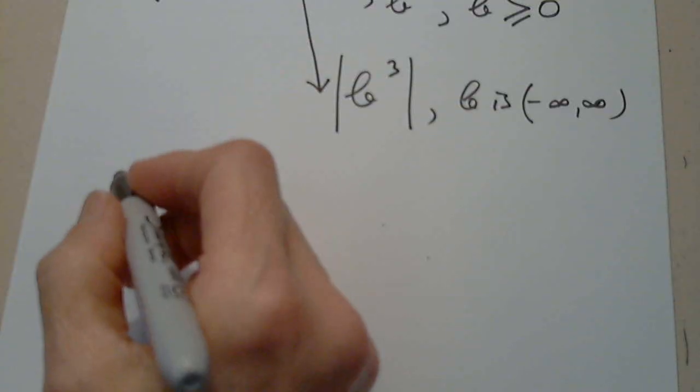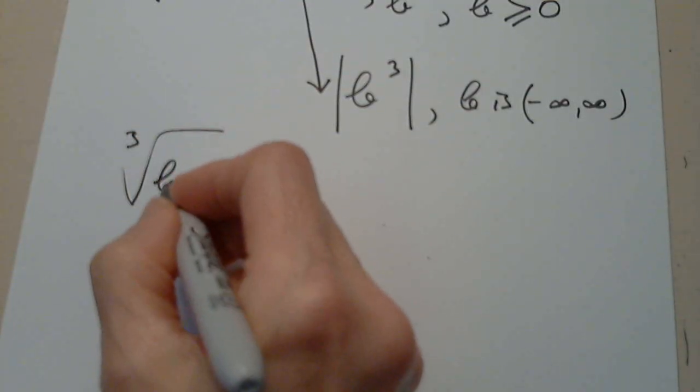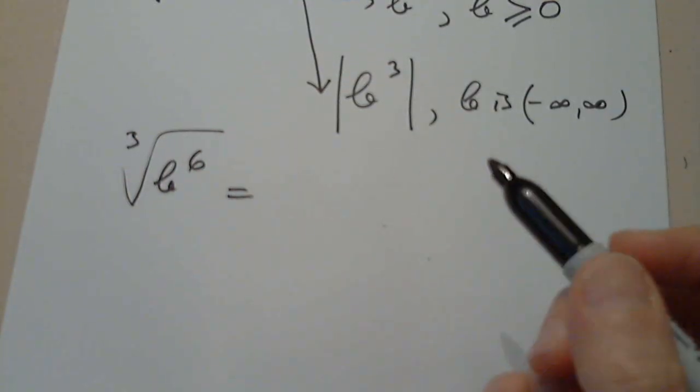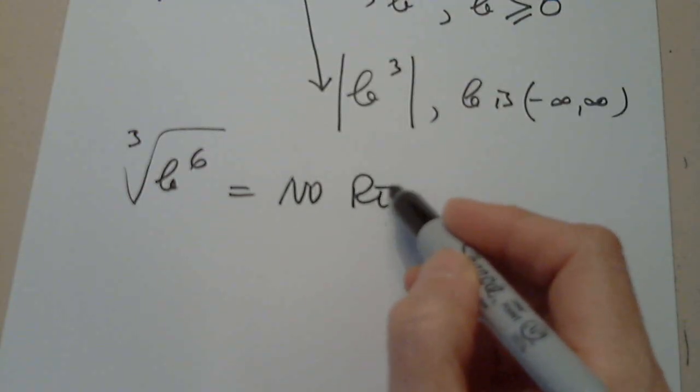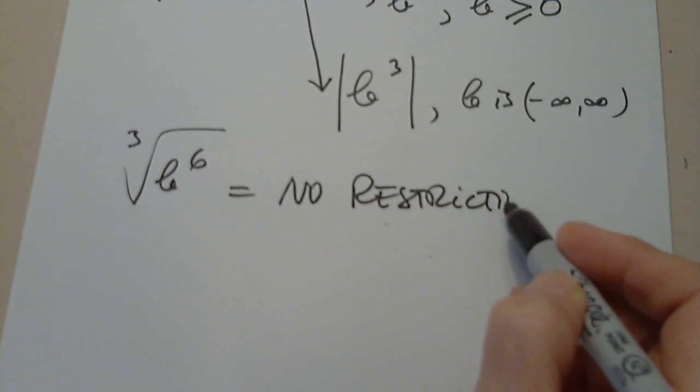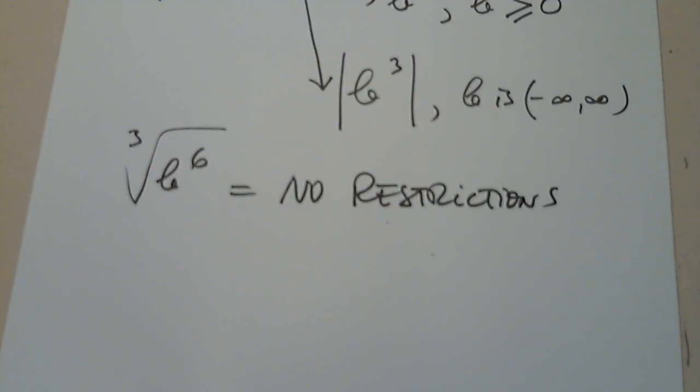And the other option would be, let's say, the cube root of b to the 6th, which has no restrictions because it's the cube root.